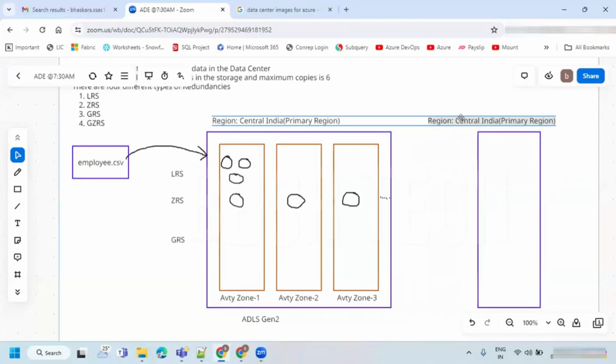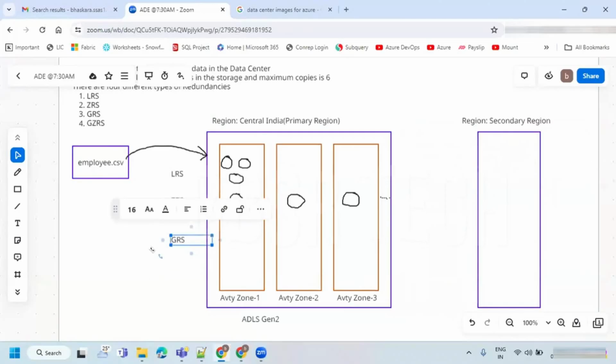When the secondary region comes into the picture is, we don't have any control on the secondary region. It comes into the picture when you upload the data as GRS, Geo Redundant Storage.